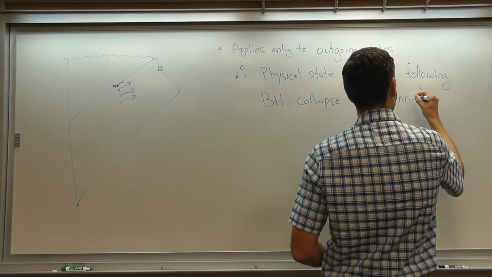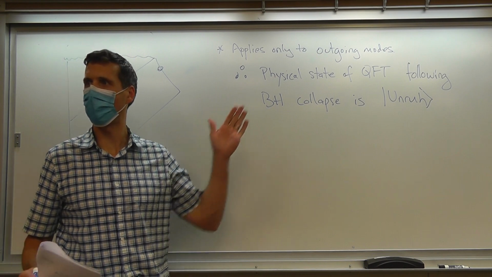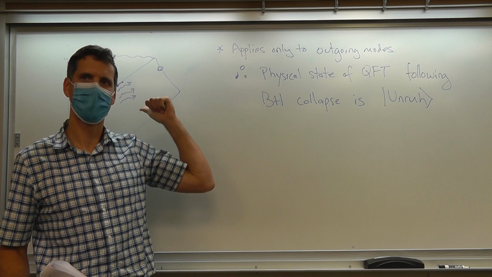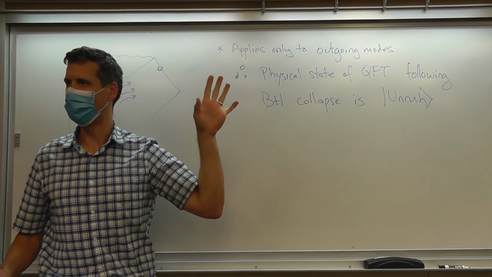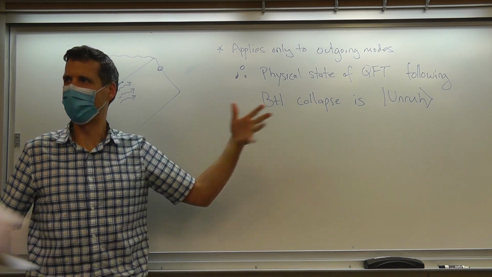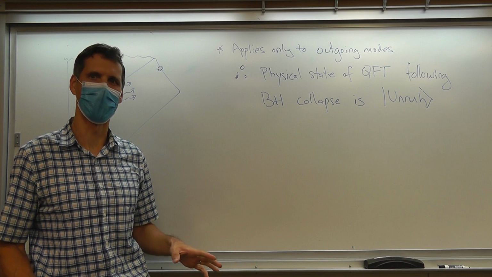The Unruh state, recall, is the state that is thermal for the outgoing modes and empty for the ingoing modes. That makes sense. Obviously, by forming a black hole, we don't suddenly create a bunch of radiation at infinity falling into that black hole also. So it had to work out that way.